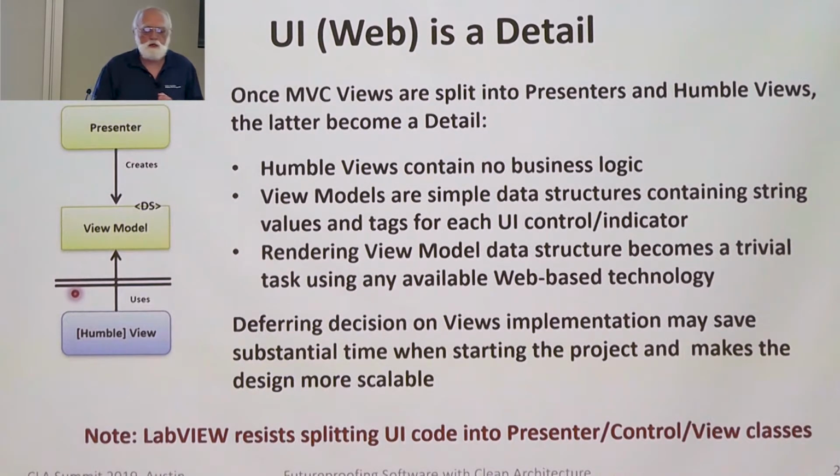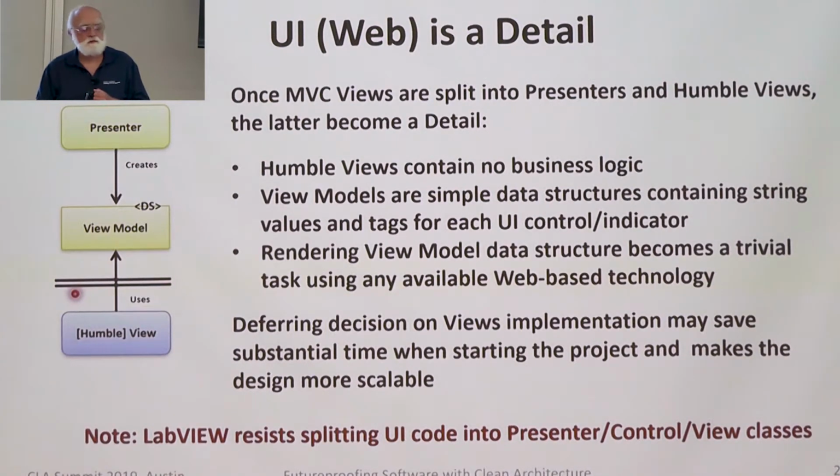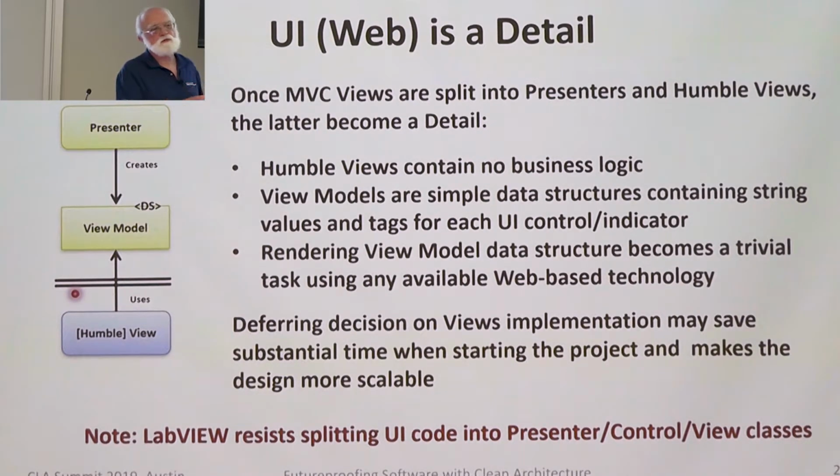In LabVIEW, we have a problem in this respect because LabVIEW resists splitting UIs into presenters, controllers, and view. Each control and indicator implements parts of those three things. So we need to make a decision whether we want to split it and how we do it.